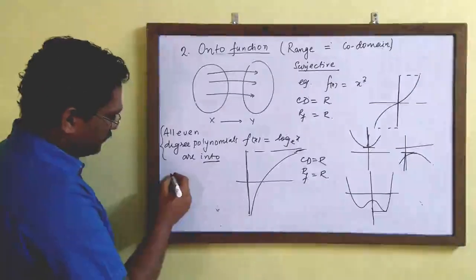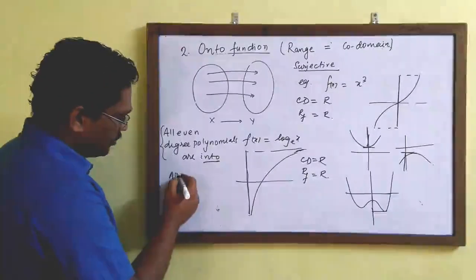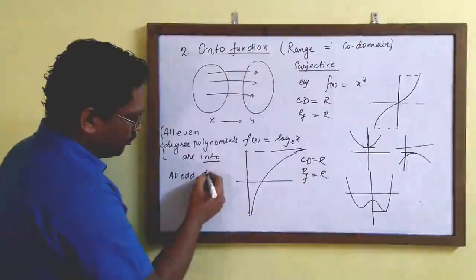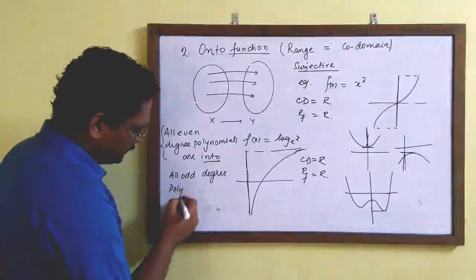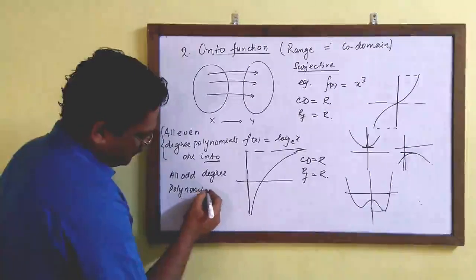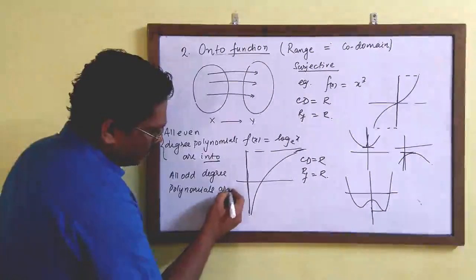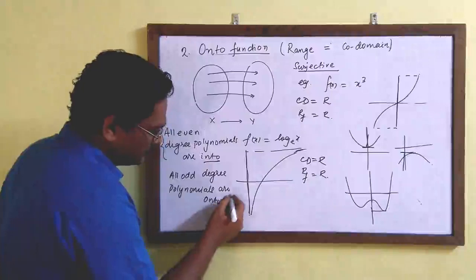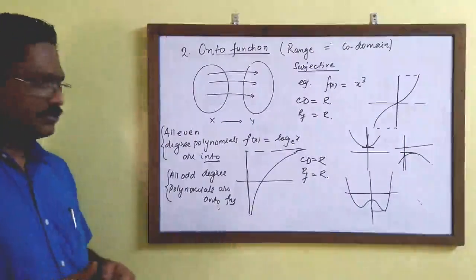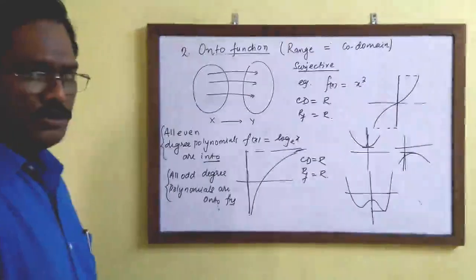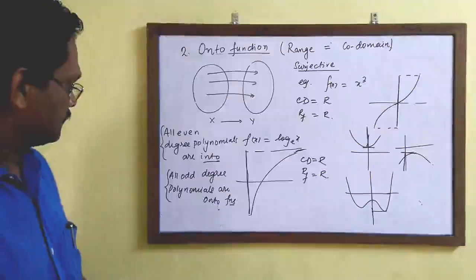But if I talk of odd degree polynomials, all odd degree polynomials are onto functions. So all even degree polynomials are into and all odd degree polynomials are onto functions.